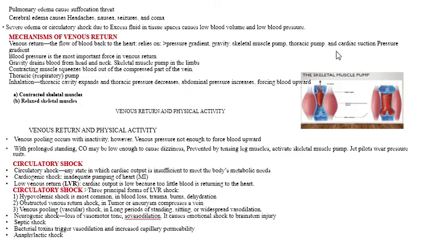So there is contraction and relaxation of the muscles. Venous return and physical activity, as I talked about before: venous pooling will be pushed against gravity, from the leg to the abdomen and then to the chest, to the heart.